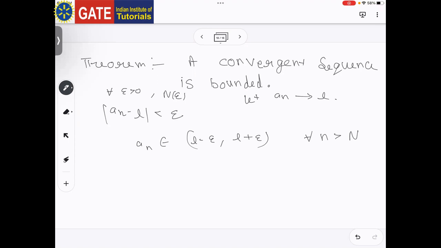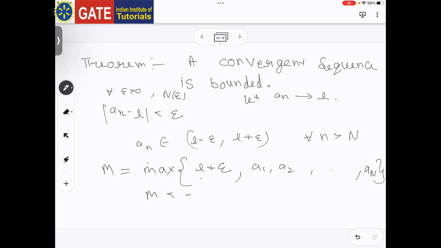So now you consider capital M to be the maximum of L plus epsilon, a_1, a_2 up to a_N, because after a_(N+1), those are inside this interval. For that, we have chosen this max.